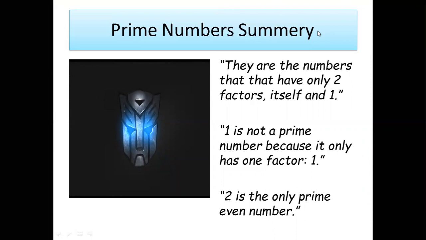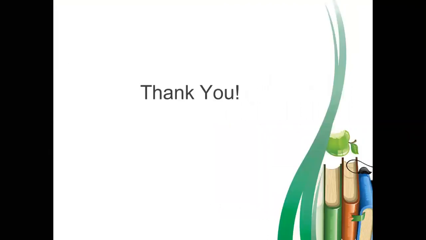First, a prime number has only 2 factors, one of them is 1 and the other is itself. The second rule is 1 is not a prime number because it's a special number. It has only 1 factor, which is 1. And 2 is the only prime even number.